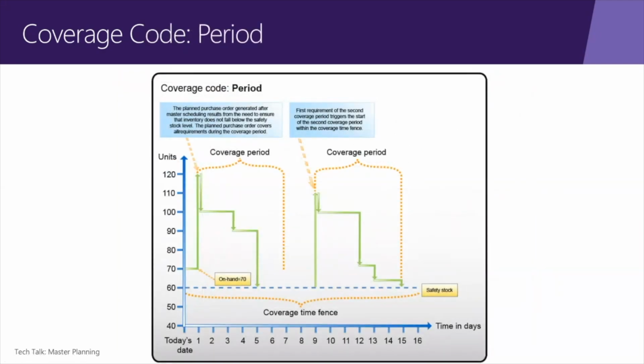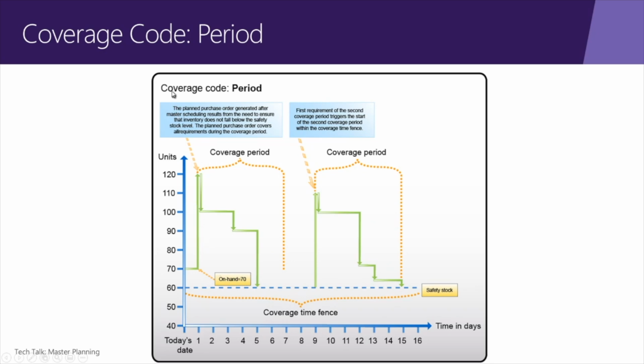Okay, so let's talk about coverage code. Different items you might want to have a different strategy in terms of how you source them. Let's say you have an item that gets sold multiple times in a period of a week, 7 days here. So some items get deducted from inventory here, then here, and then from here. That will bring our inventory down from a safety stock level.